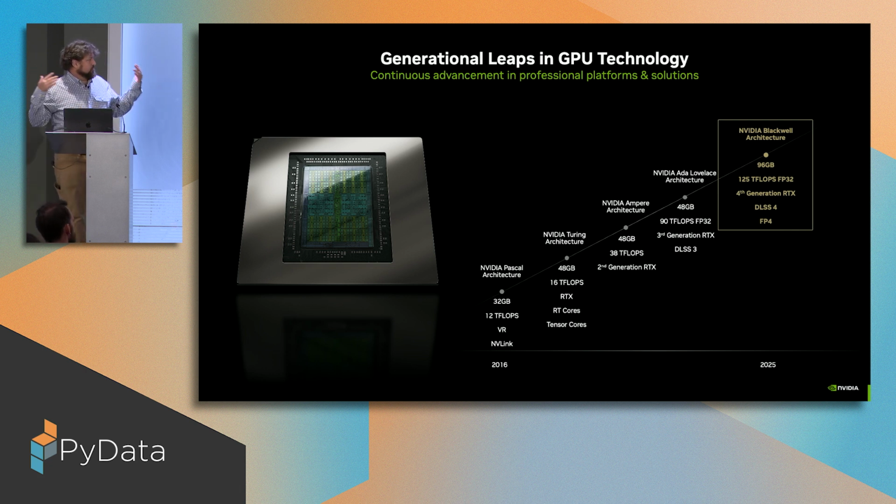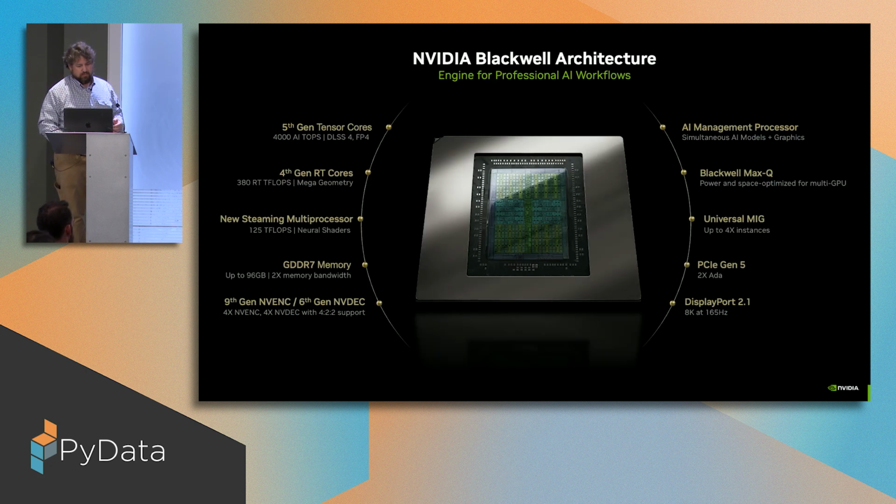But there's no free lunch. You often have to change how your code works, and we look at how we can help the community take advantage of that. So in this case with Blackwell, some really interesting new things that probably folks here care about the most is that we have these next generation tensor cores, so all of our matrix multiply things get even faster.